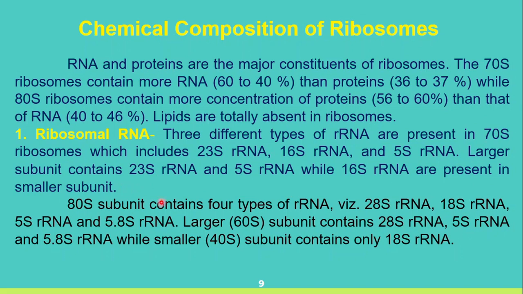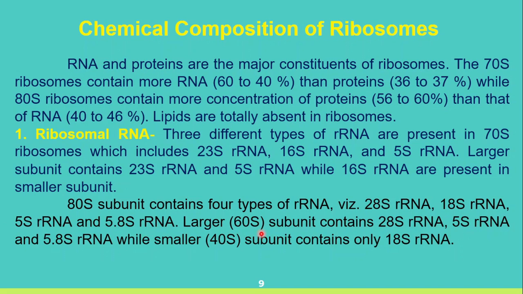In 80S ribosomes, there are 4 types of rRNA: 28S rRNA, 18S rRNA, 5S rRNA and 5.8S rRNA.